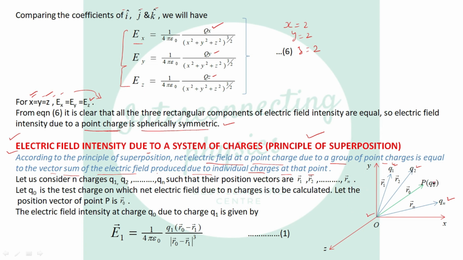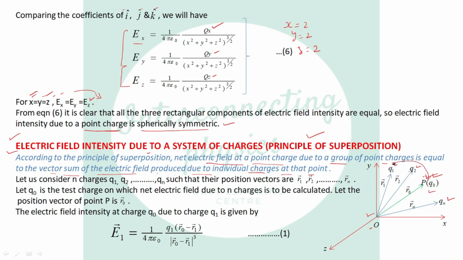Let us say we have a test charge Q0 at point P whose position vector is R0 vector from the origin O. We have to calculate the total electric field on this test charge due to all the charges.